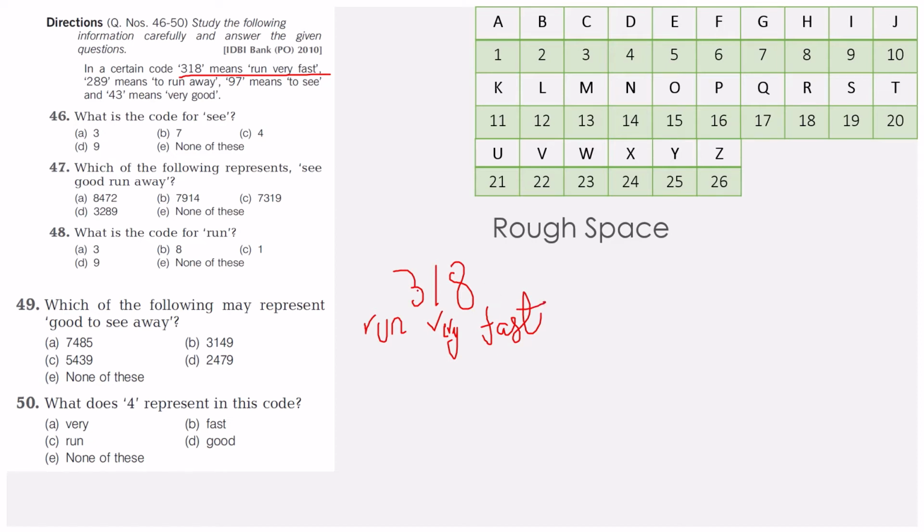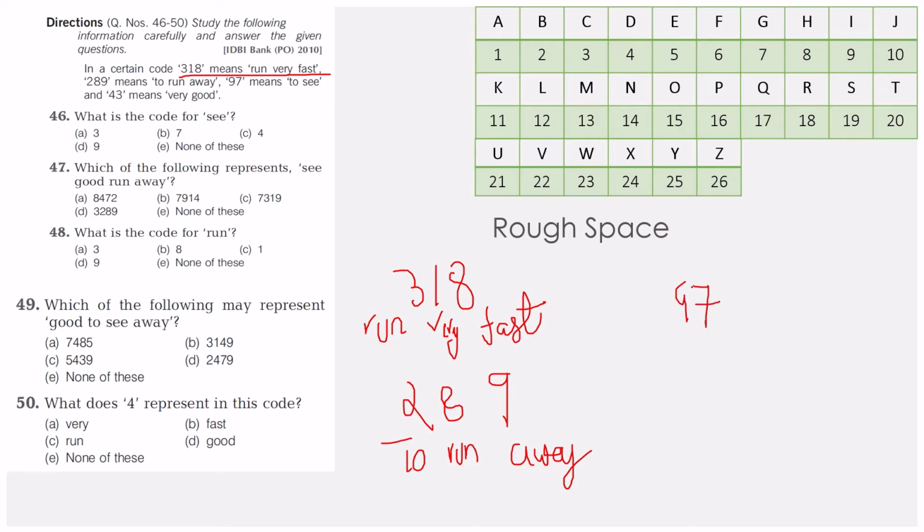Don't just justify that 3 is for run, 1 is for very, 8 is for fast. That's not going to work. It'll work for some questions, but let's check. That's better to check. 289 means to run away. Okay. The next one they've given is 97.